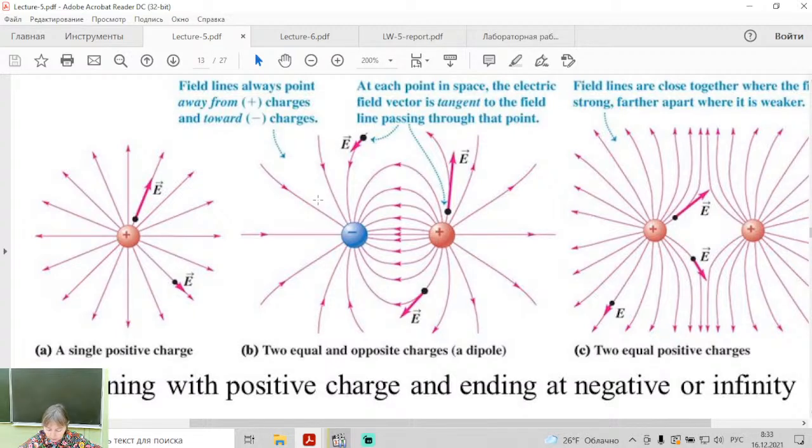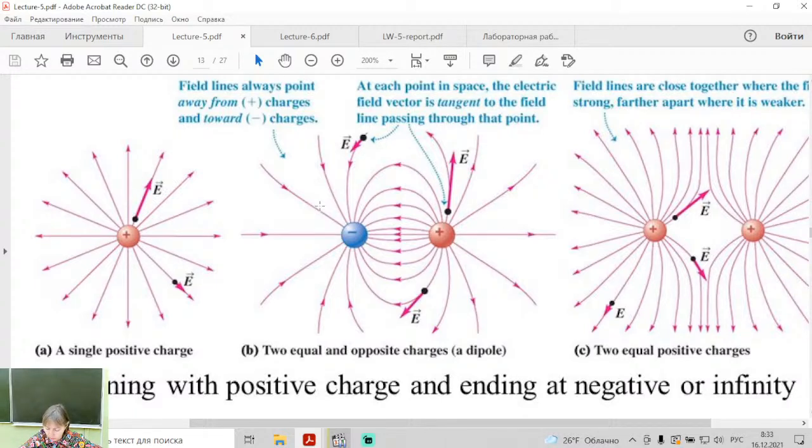Second, the energy characteristic of the electric field is called potential, and the potential difference, delta phi. The potential of the electric field is a scalar quantity being the energy characteristic of the electric field.